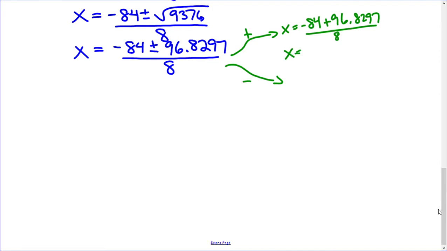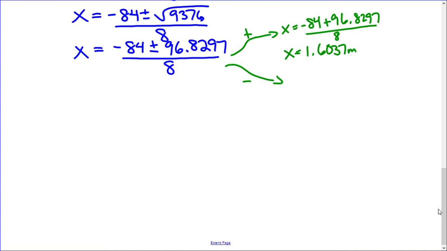So minus 84 plus 96.8297. I'm plugging this in, just going through hopefully the same way you guys are, and dividing that value by 8. I'm getting an answer that's 1.6037. And in terms of what this is, that's the width of the fence, so it's in meters.